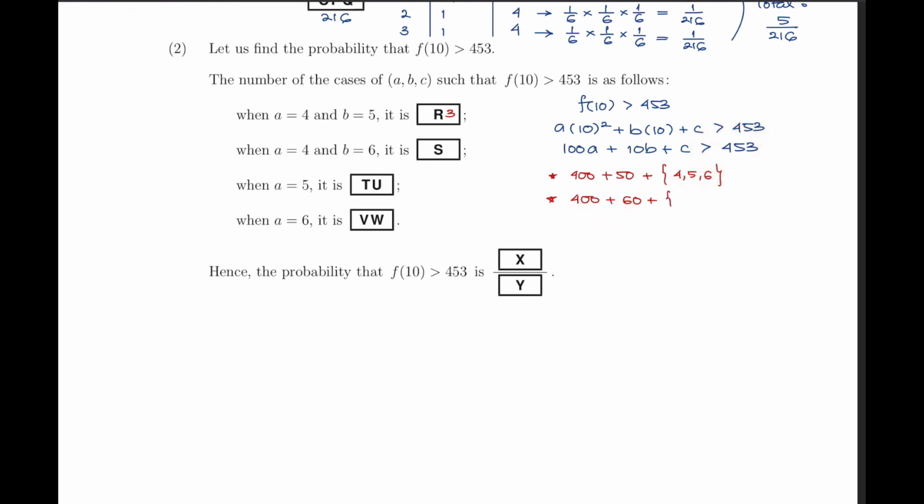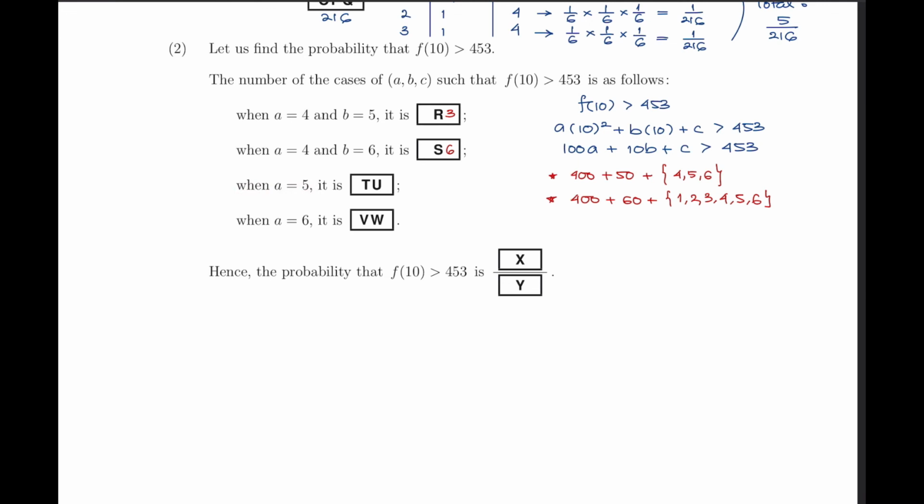So C can be 1, 2, 3, 4, 5, and 6. No matter what the value of C is, if we add it to 460, it will be greater than 453. So when A equals 4 and B equals 6, there are 6 cases.